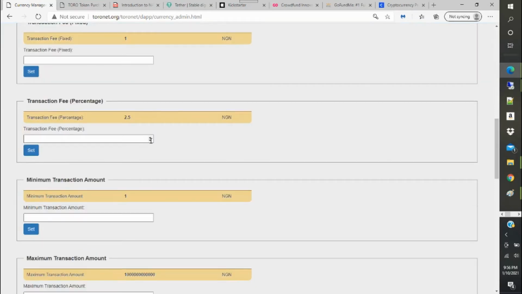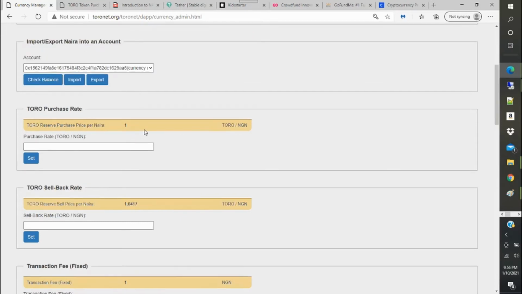So something else we'll take a quick look at is the purchase rate between the Naira and the Toro, which is set at 1. Okay, the purchase rate between the Toros and the Nairas is set as 1.0417. I'm gonna just make that exact because I want that to be 95 cents to 1. So we're gonna make a change to that. Let me make a quick computation here. I have a calculator here.